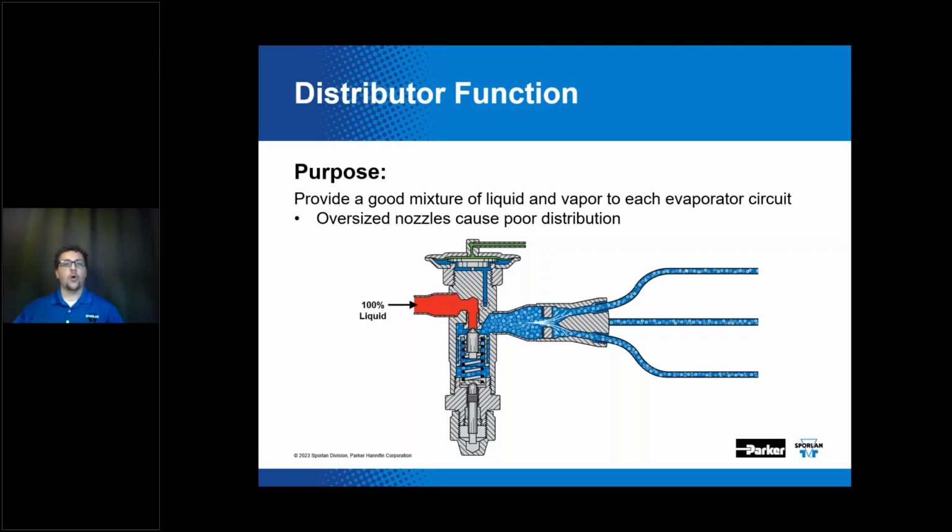So you get overfeeding of one circuit of the evaporator and underfeeding of other circuits of the evaporator. Proper sizing of that distributor, in getting enough pressure drop across that distributor, is critical to get enough velocity where you have good mixing of the liquid and vapor so that you get proper distribution of liquid to each circuit.